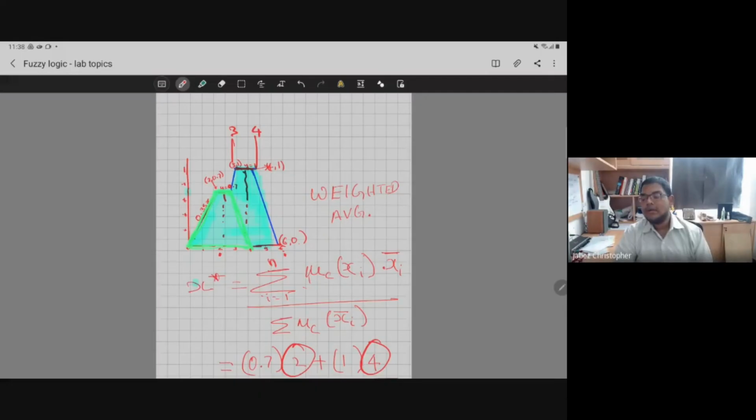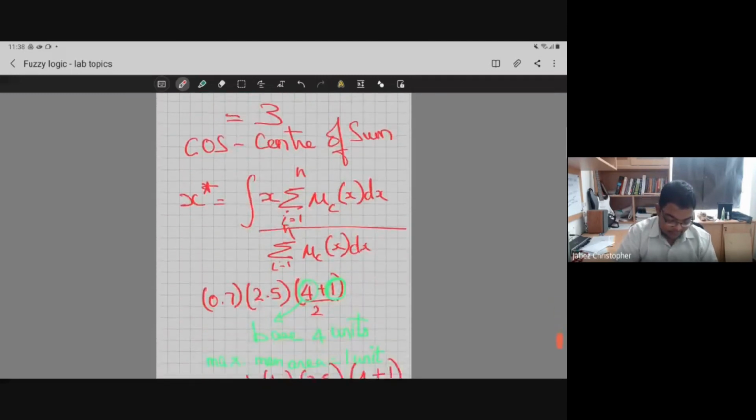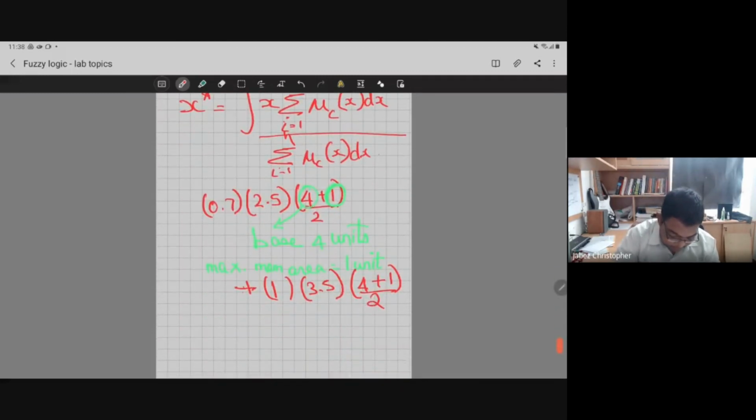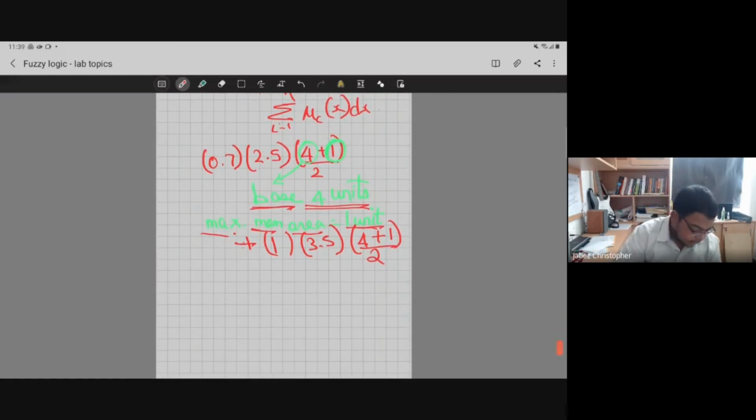Got it? The values of these two values, this is the base value and the max mean area. Why it is 4 and why it is 1. Okay, so this is the numerator divided by without those things.